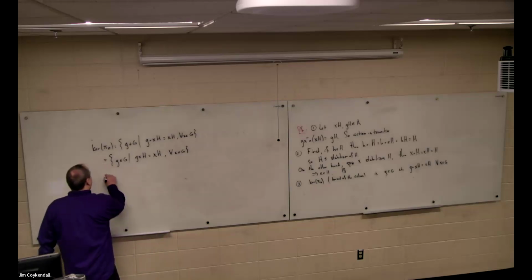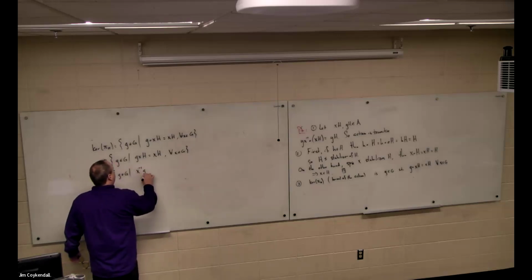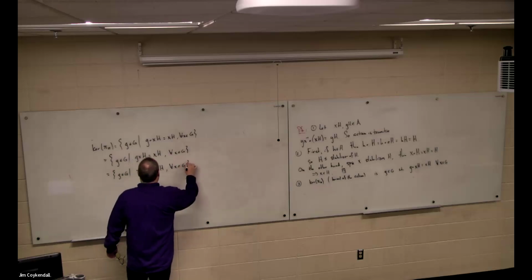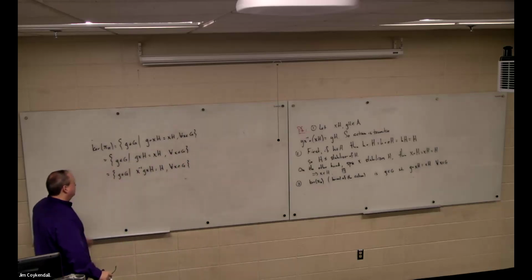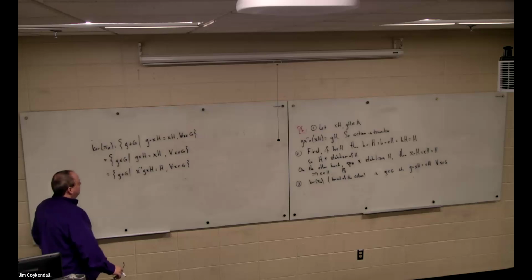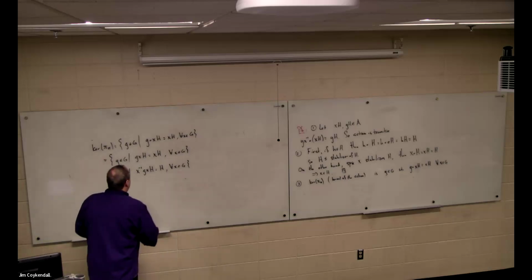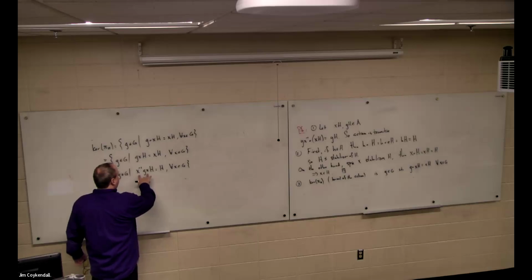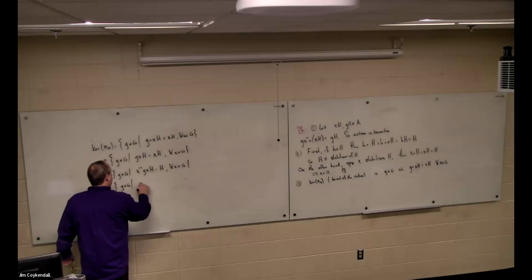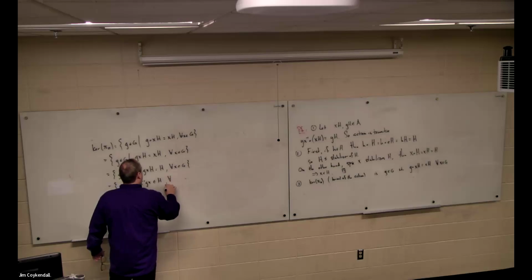This means that this is the set of g in G such that x inverse gxH equals H for all x in G. It means that this thing always has to be contained in H. This is the set of g in G such that x inverse gx is in H for all x in G.